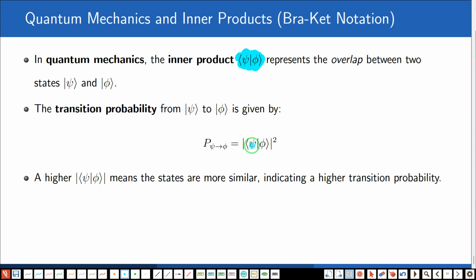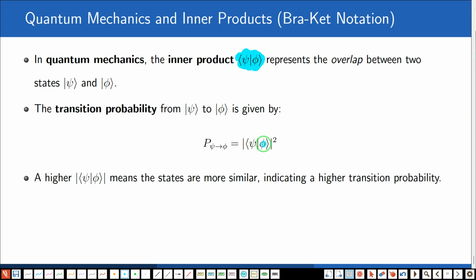And the transition probability from psi to phi, or vice versa, is given by this formula. It says that the transition probability from psi to phi or phi to psi is represented by the square of the magnitude of their inner product, because usually psi and phi are complex numbers. We need to take the magnitude to make sure it is a real number.